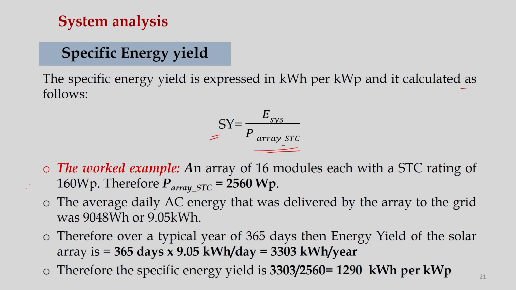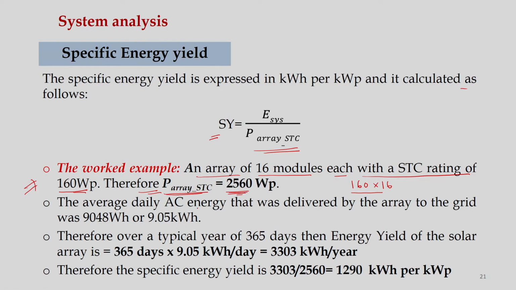In the same problem, an array of 16 modules with an STC rating of 160 watt peak. Therefore, P array STC will be 160 multiplied by 16, that is 2560 watt peak.